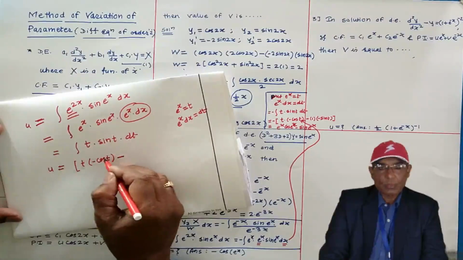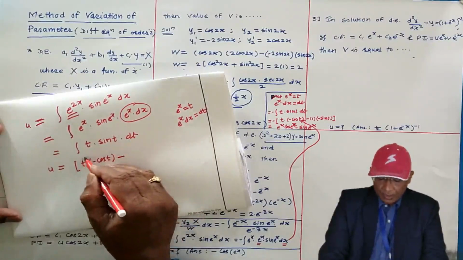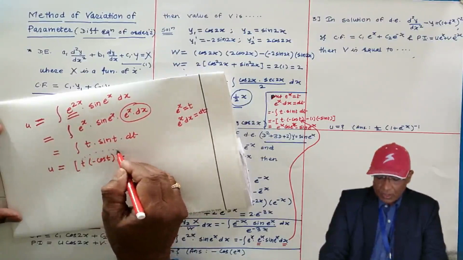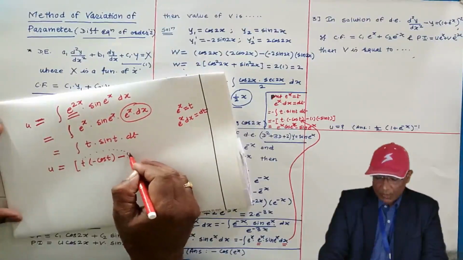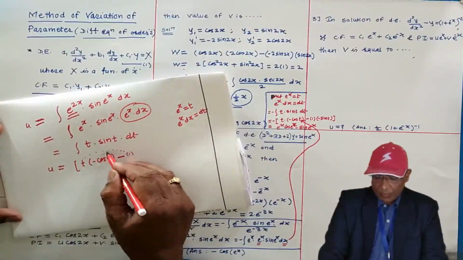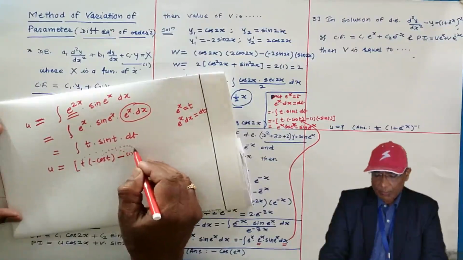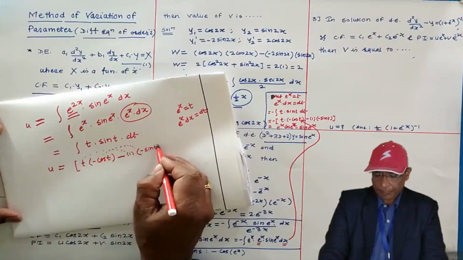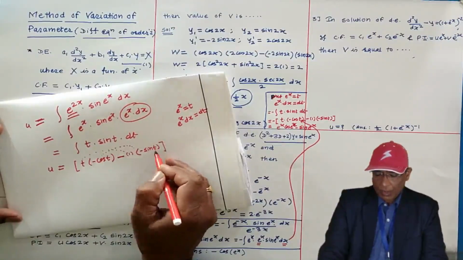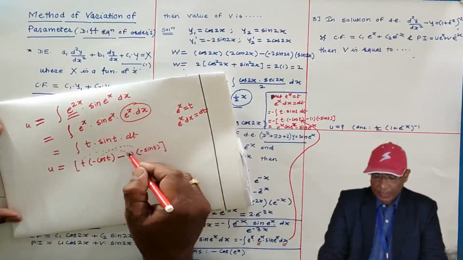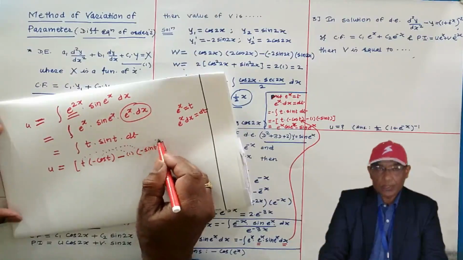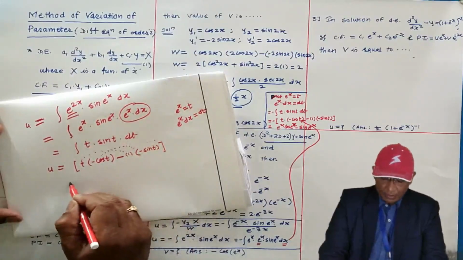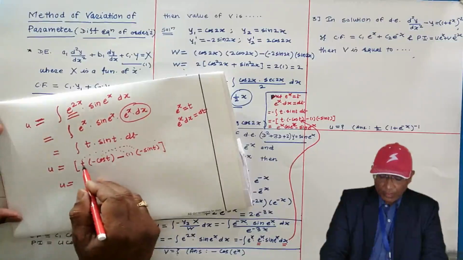In generalized by part, by default minus sign for second term. Now from first term remaining terms, I will be getting derivative of t with respect to t is 1 and integration of this bracket is integration of minus cos t is minus sin t. Now, third term I will not get, because if you take derivative of 1, it will be 0, the series will be terminated. Now, finally, put value of t.